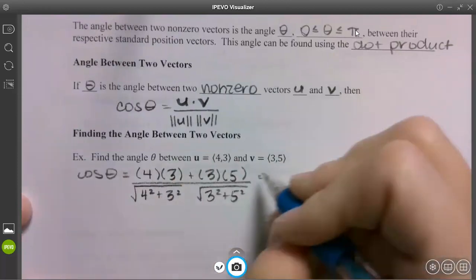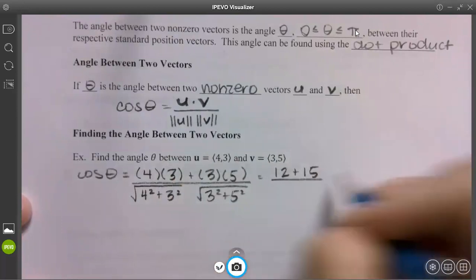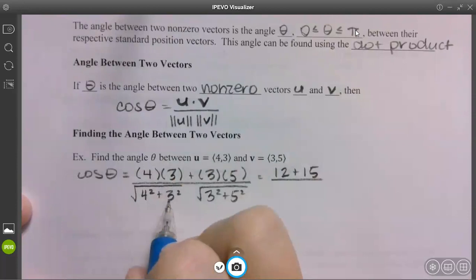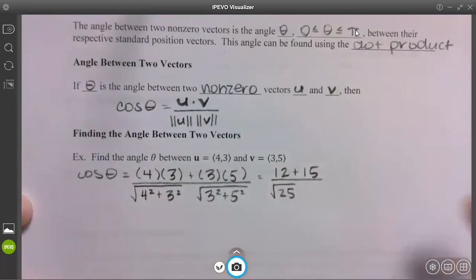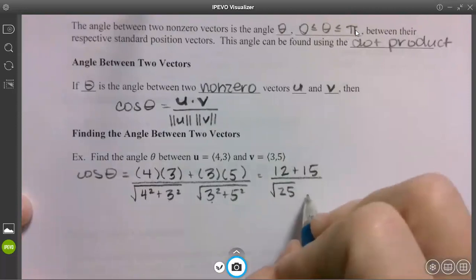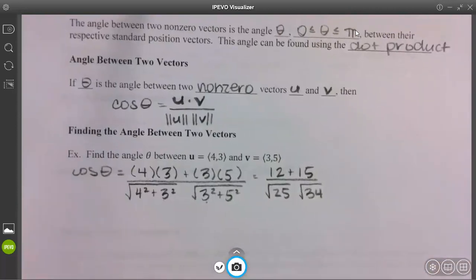On the top, 4 times 3 is 12. 3 times 5 is 15. On the bottom, 4 squared is 16. 3 squared is 9. 16 plus 9 is 25. 3 squared is 9. 5 squared is 25. 25 plus 9 is 34.